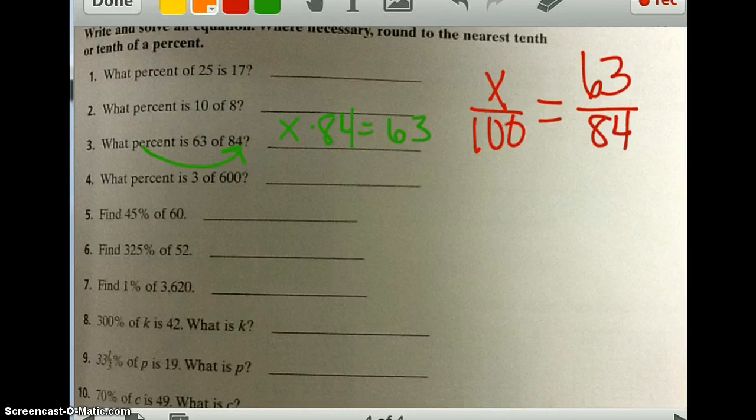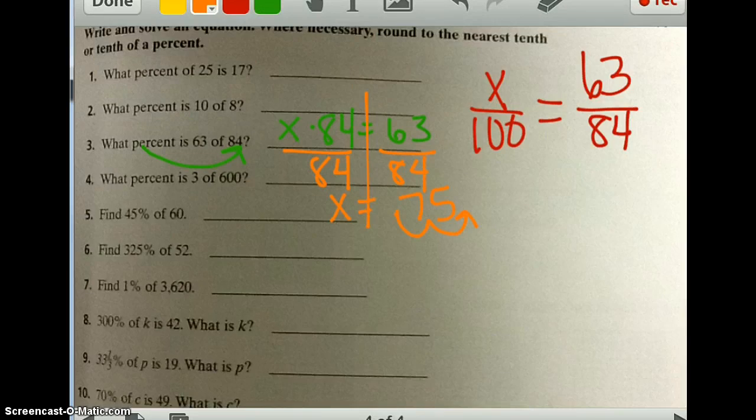Or if I were to come back over here to my green, how do you undo times 84? Divided by 84. Is this one going to come out nicely? I think they're both divisible by 9, so maybe 63 divided by 84. I get 0.75, but because it's a percent, I've got to multiply by 100.